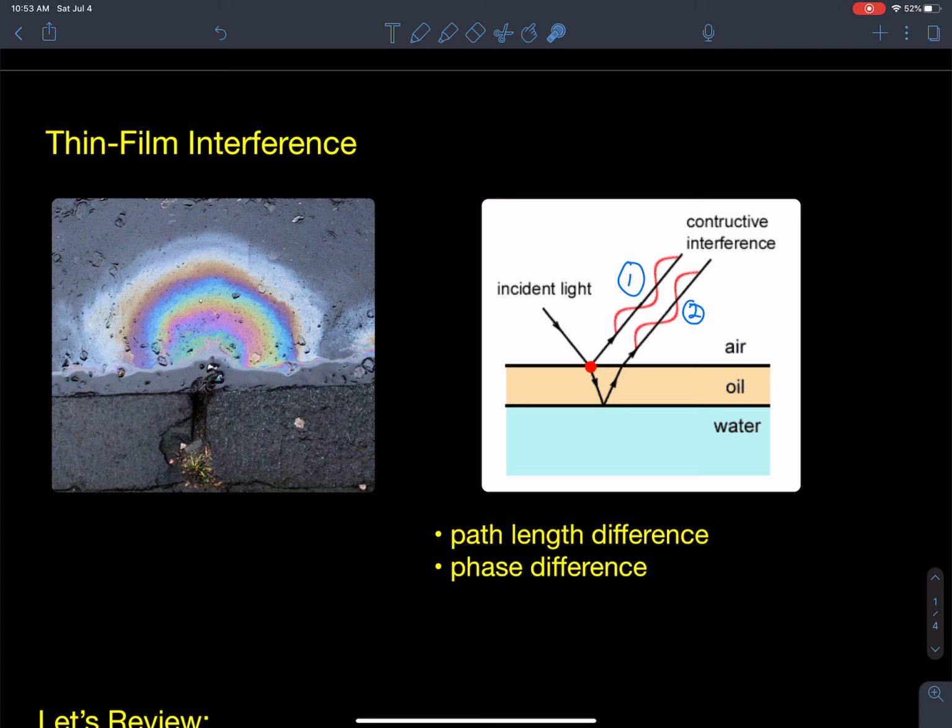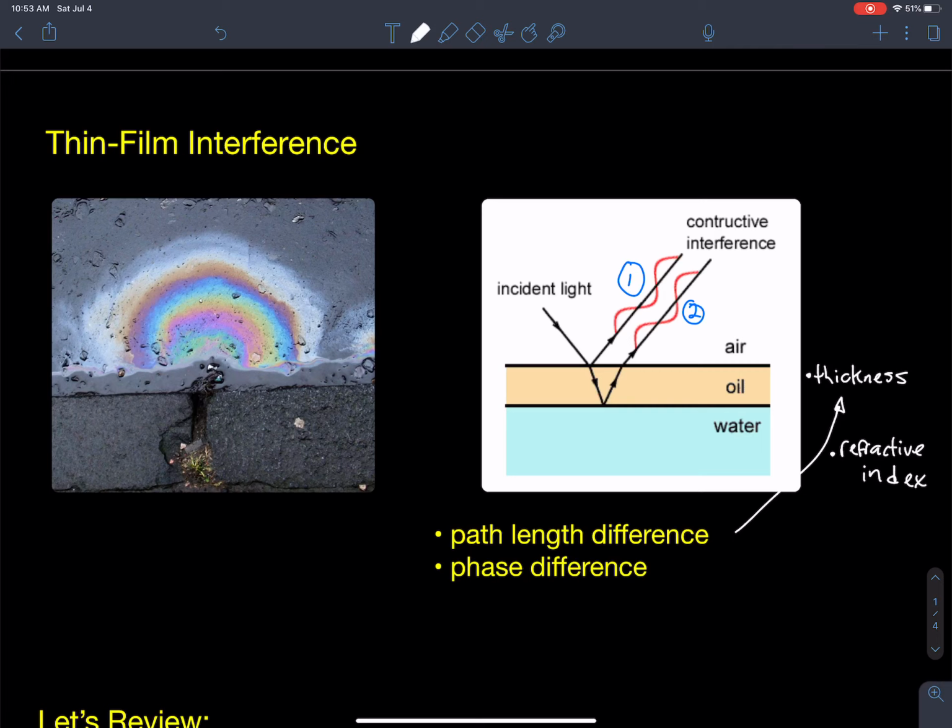We are trying to figure out how many extra wavelengths ray number 2 traveled in that oil. And that's going to depend on the thickness, which is my path length difference. It's also going to depend on something called my refractive index, which we're going to learn about in a second. You've done refraction, so you know what refractive index is.